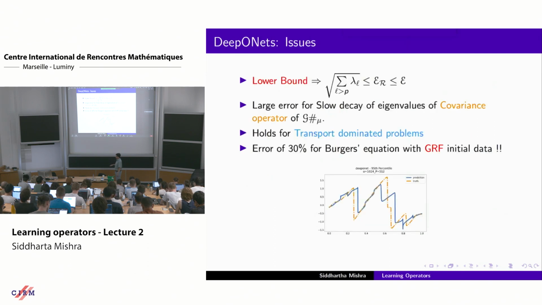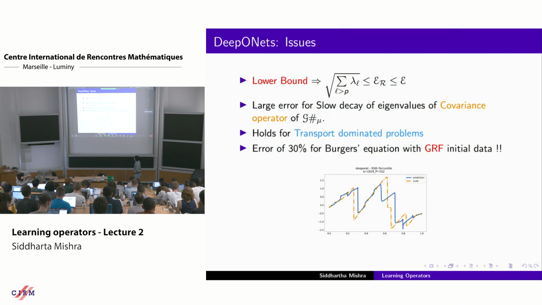Let me see. Okay. So one of the issues, maybe some of you might have already guessed it, is that at the end of the day, we are doing some sort of a linear reconstruction with a basis and so on. So you could leverage that to prove lower bounds. There are some explicit lower bounds. And in particular, this tells you that this is the same as in reduced basis methods, meaning as long as the eigenvalues of this covariance operator decay fast, the error can be rather small.